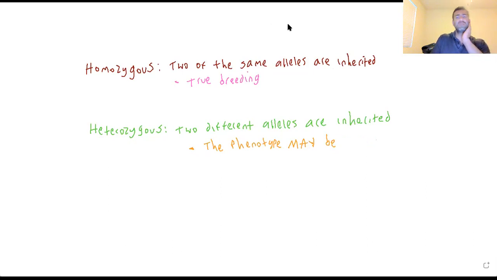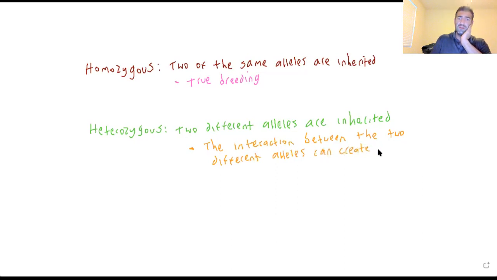I'm trying to think of a way to put this where it will not be confusing. I'll just put down: the interaction between the two different alleles can create a third phenotype.